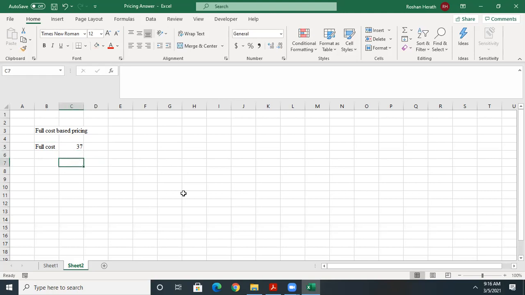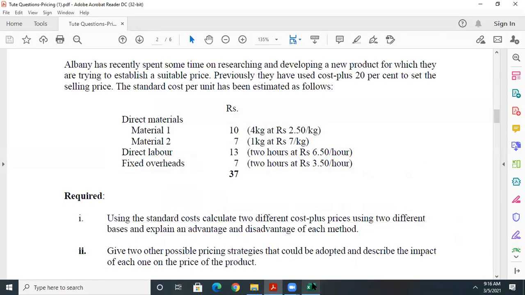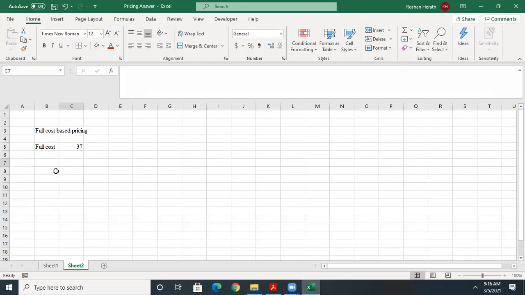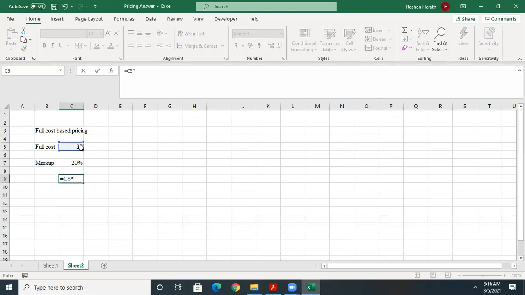The profit is about keeping it 20%. It's in fact markup, right? Plus 20%. So if you have to keep that 20% markup, you can see the price is going to be 37 multiplied by 1.2. It's 44.4. So this is the selling price if you use the full cost.